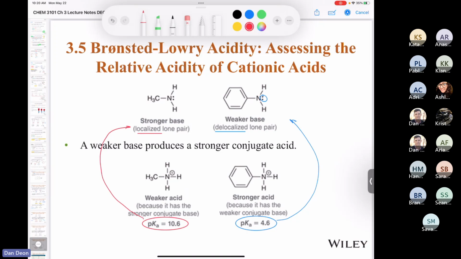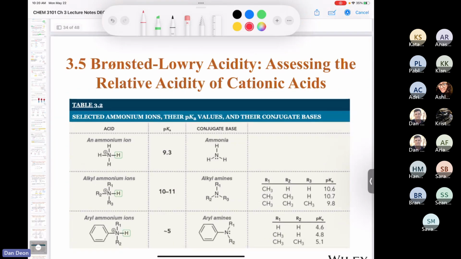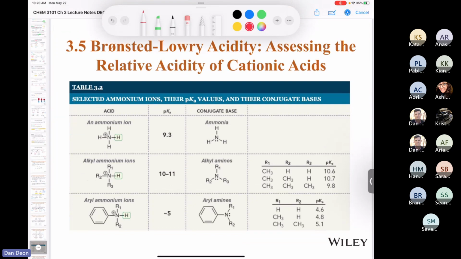That's really the lion's share of what you need to know from section 3.5, except for you should have an idea of the relative pKa's of ammonium ions and aryl ammonium ions. So an ammonium ion has a pKa of around 9. Any alkyl ammonium ion is going to have a pKa in the same range, okay? So you see that it's 10 to 11. Well, that's pretty darn close to 9.